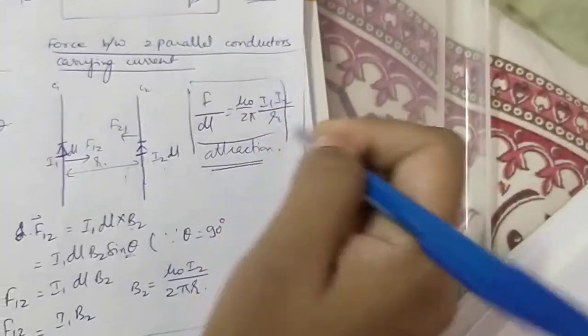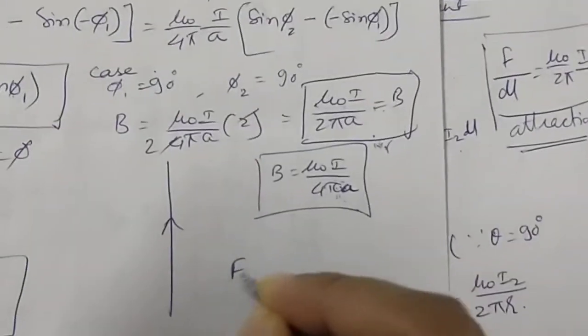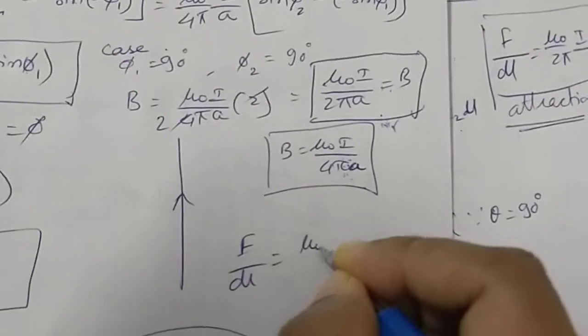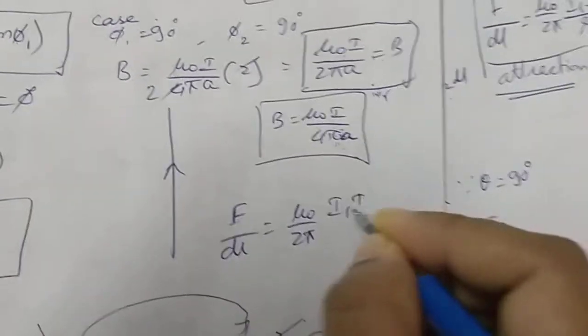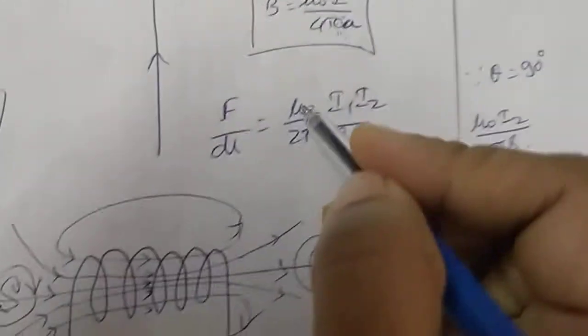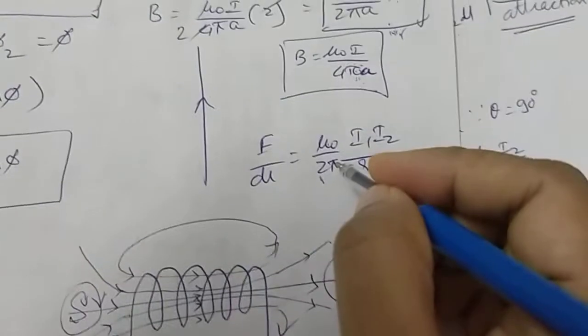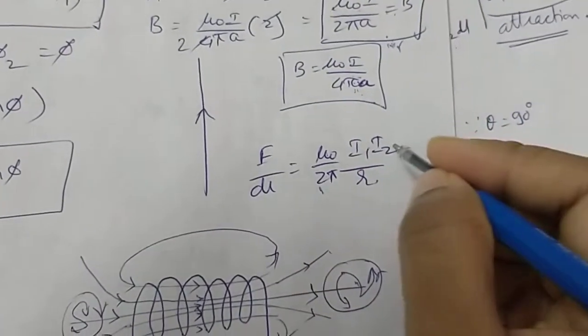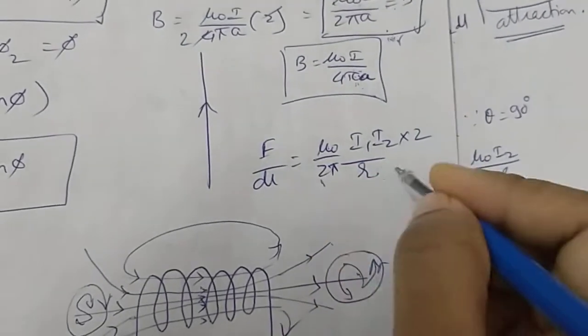Now the expression which we are getting is F by dl is equal to mu naught by 2 pi I1 I2 by r. But mu naught by 4 pi we know is how much? So what I'll do, I'll just multiply by 2 here and down.